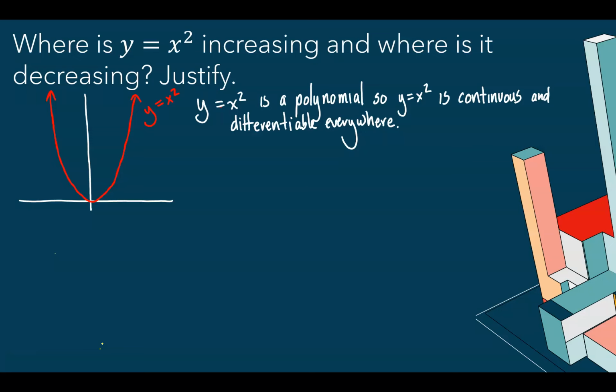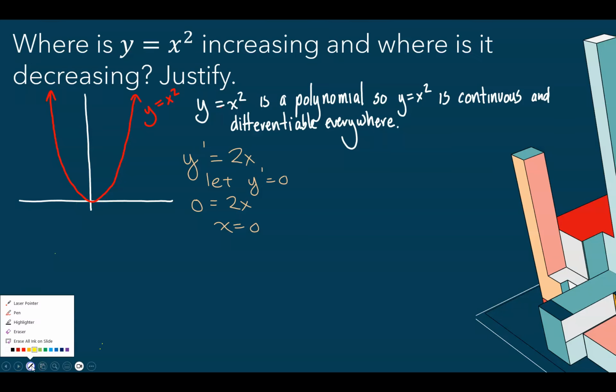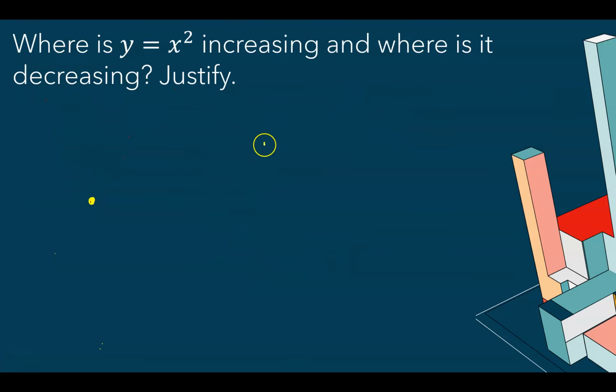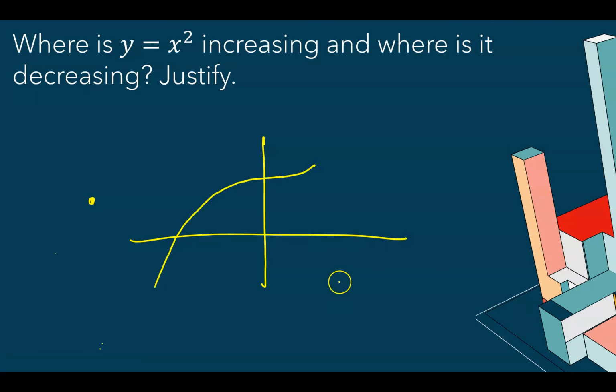So if we're going to look for where this function increases and decreases, we need to know about the sign of its first derivative, so we'll find its first derivative. Y prime is 2x, and then we're looking for critical values. Critical values are where a derivative is equal to 0 or undefined. And the reason that's so important is, how can a function change from being positive to being negative, or negative to positive?